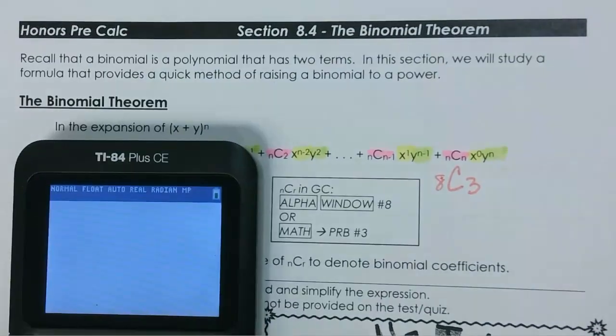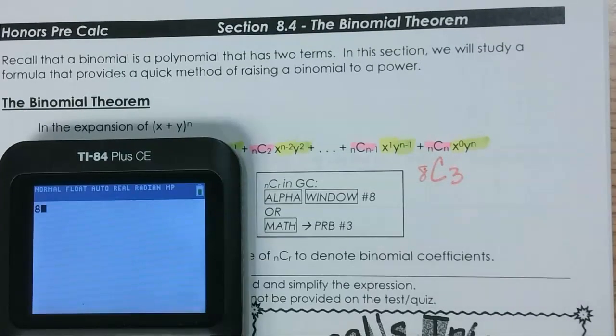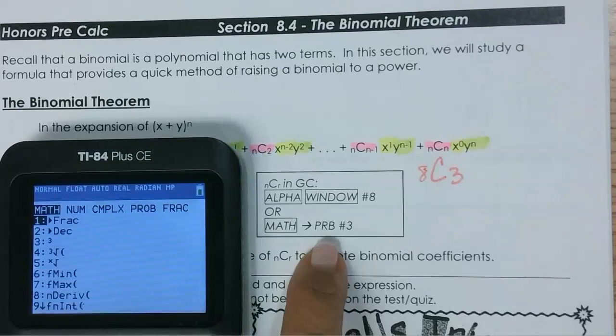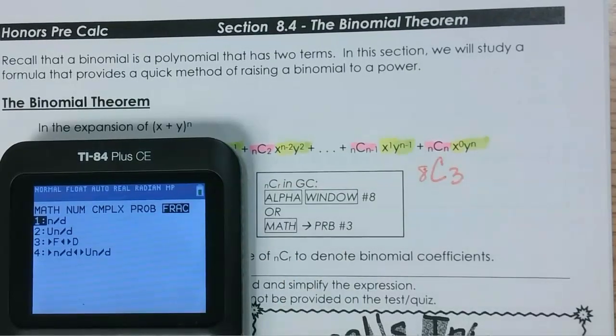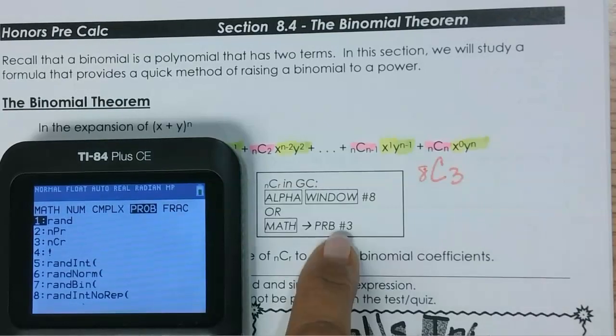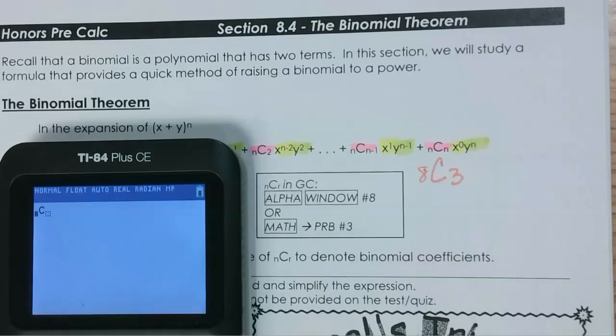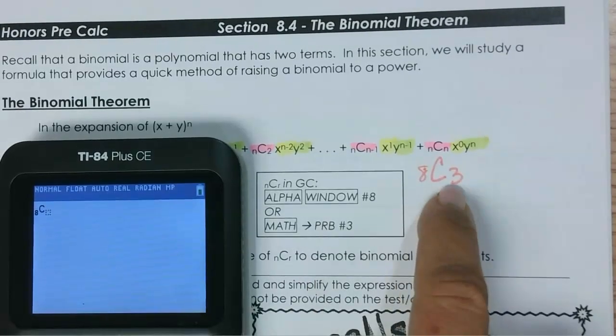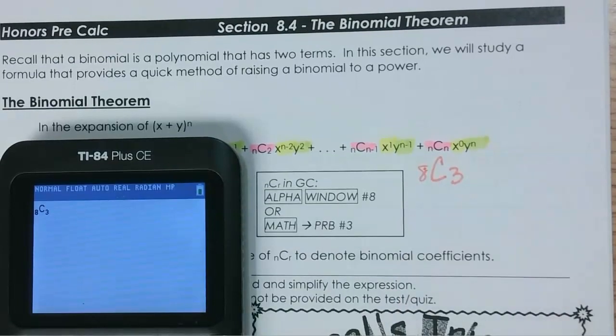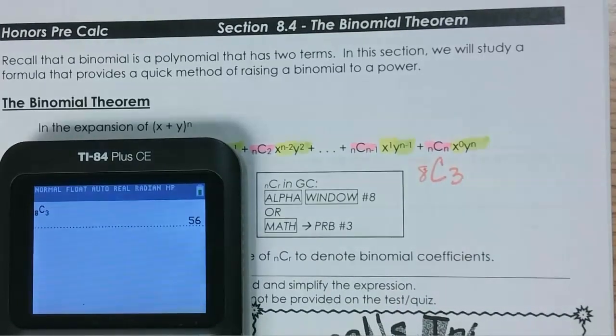I would type the number 8. Then I would go to Math, arrow over to PRB or prob, and then go to number 3, which is nCr. And then you pick the other value, and then you press enter. And that would give you the value of nCr.